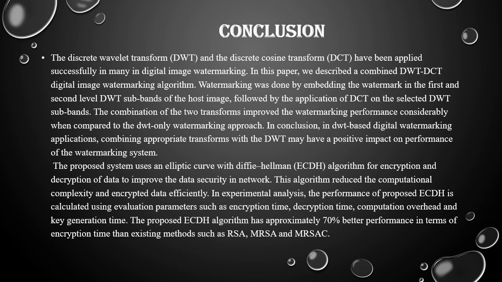The performance of ECDH is calculated using encryption time, decryption time, computation overhead and key generation time. The proposed ECDH algorithm has approximately 70% better performance compared with other methods such as RSA, MRSA, and MRSAC algorithms. So this method is more efficient compared with other methods.